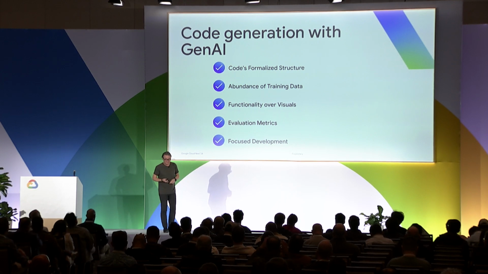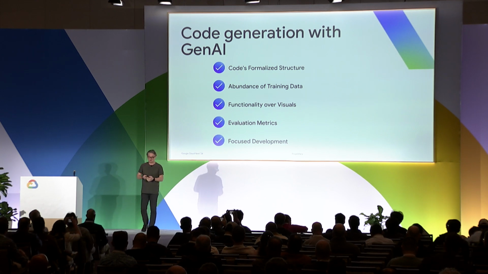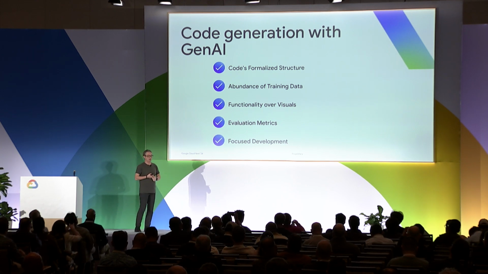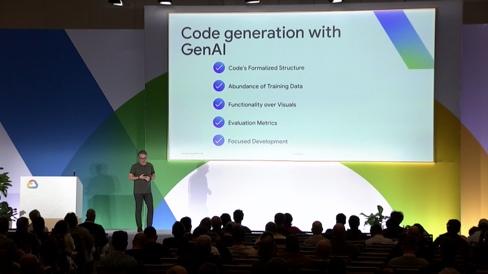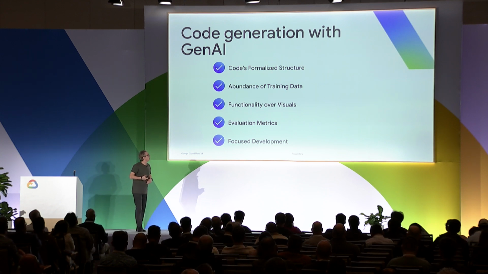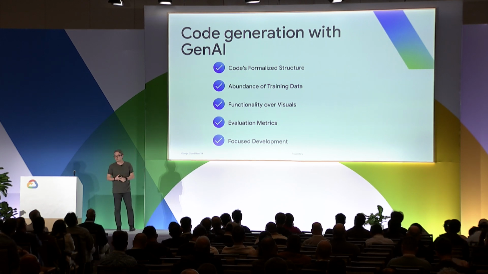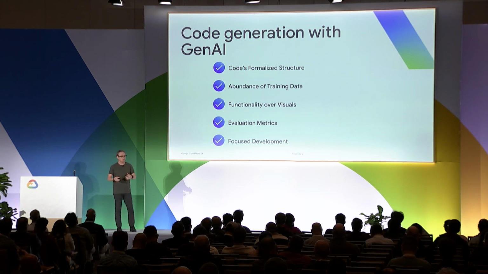On the other hand, if we look at code generation from an LLM, we're talking about a much more advanced thing than creating diagrams. First of all, code structure is formal. Okay, so you have a strict syntax and rules, this well-defined structure.